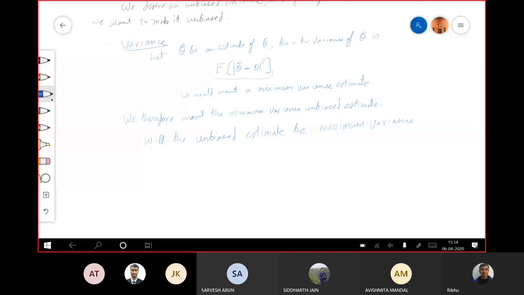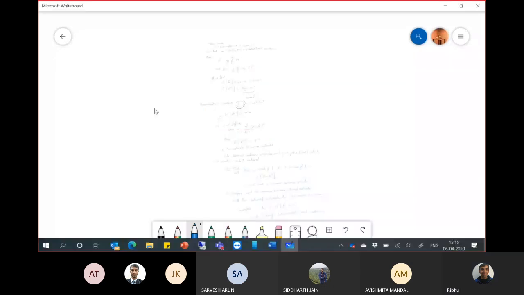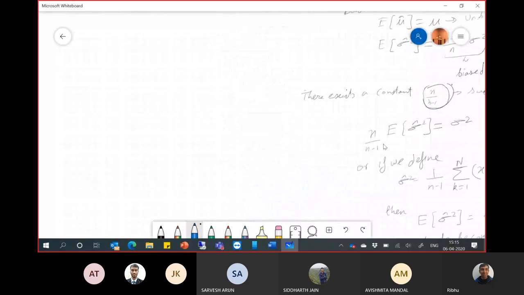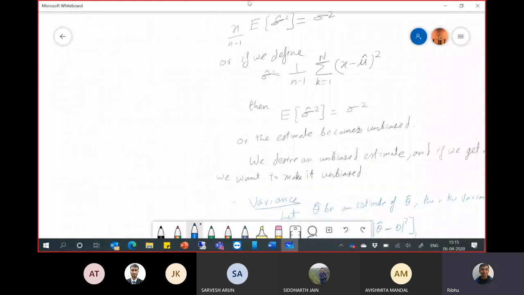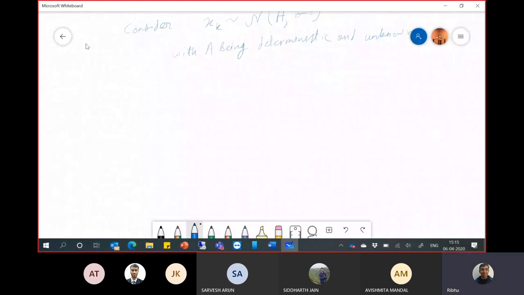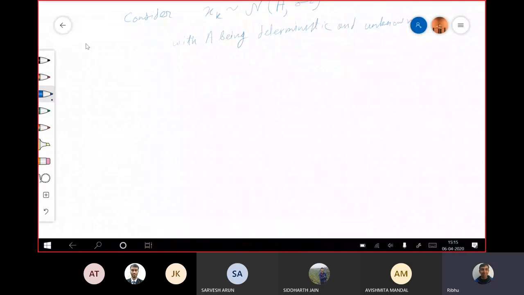And now consider n samples of xk, x1 to capital N, and consider a biased estimate.